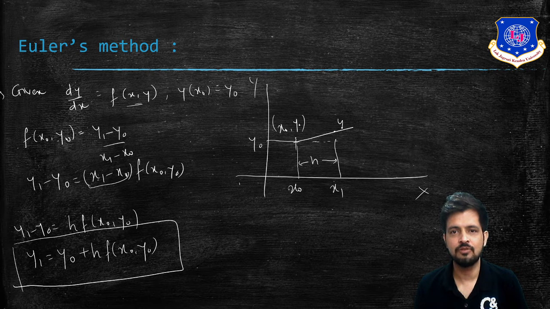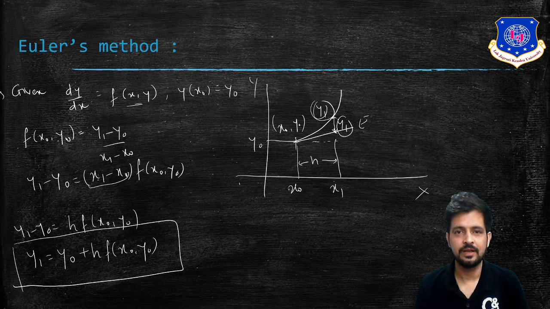So my value of y1 will be here, but the actual value of y1 as per the curve is here. So there is a difference, and this is the error. One value is obtained from Euler's method and the other is from the curve. To remove the error we will use a different method, the modified Euler method, but this is the formula to find y1.